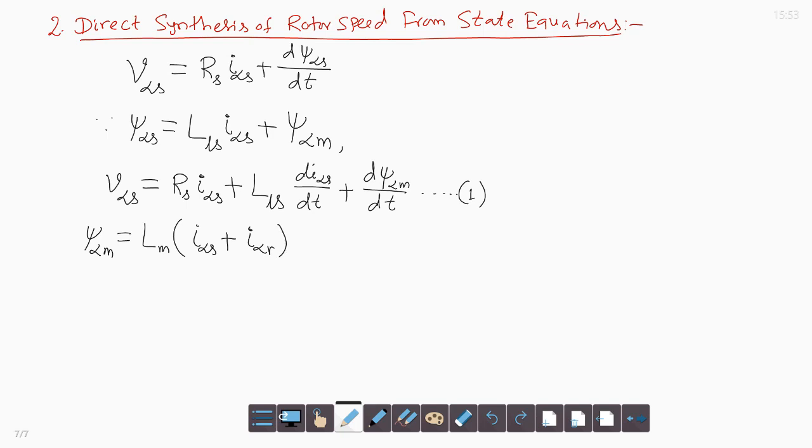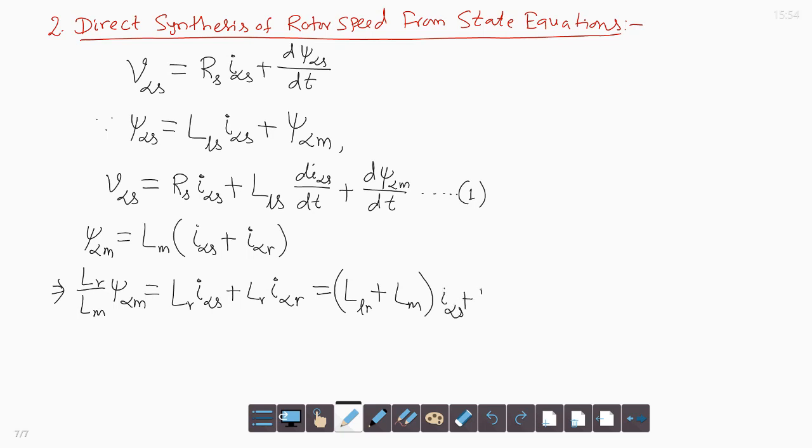So, from this we have Lr by Lm times psi alpha m is Lr into I alpha s plus Lr into I alpha r, and Lr is the self inductance of the rotor, which is the sum of the leakage inductance Llr and mutual inductance Lm, into I alpha s plus Lr into I alpha r.